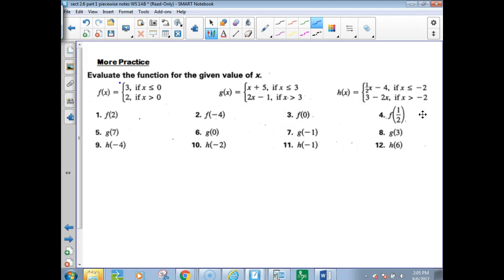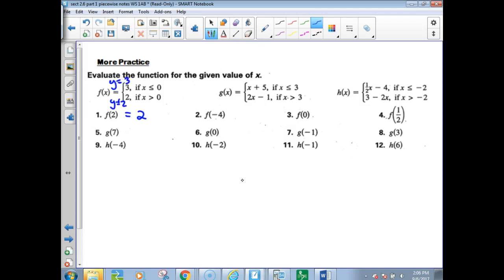So these are going to be pretty simple to evaluate. f of 2: 2 is bigger than 0, so the answer is 2. Maybe some of you aren't seeing what I'm saying. That's a horizontal line, that's a horizontal line.